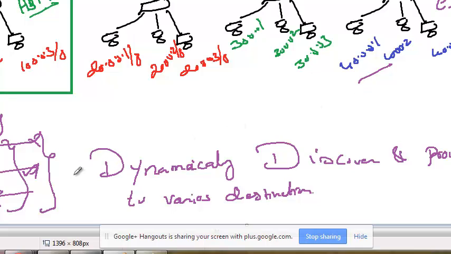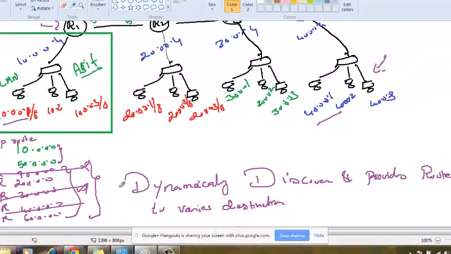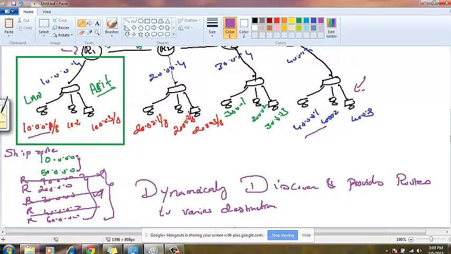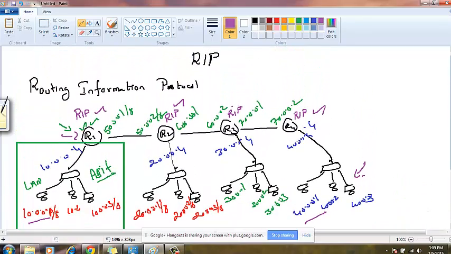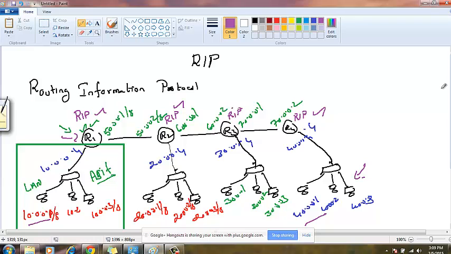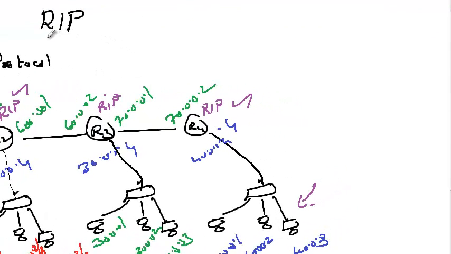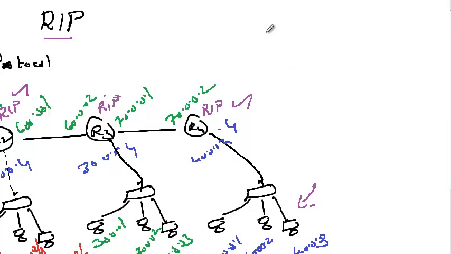So a dynamic routing protocol is good. One such dynamic routing protocol is RIP. Today our focus is not on OSPF or EIGRP, which are other routing protocols. Our focus is mainly on RIP, Routing Information Protocol. Now, every routing protocol has got something called a metric.